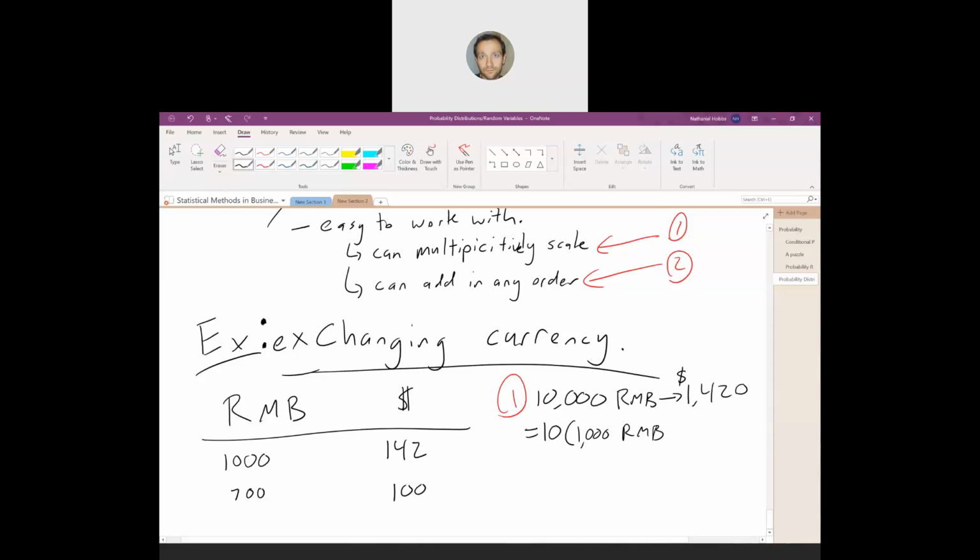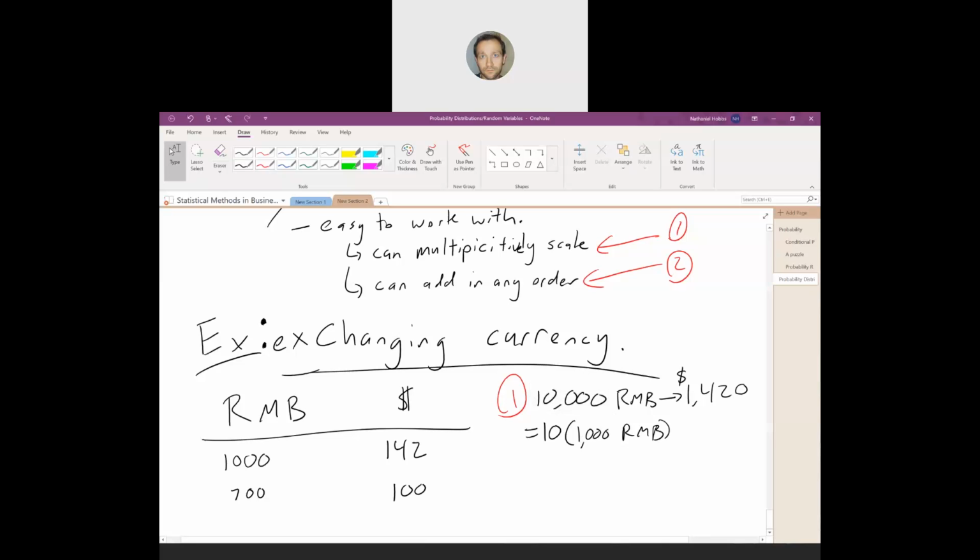You can take the whole thing and calculate the transfer rate by itself, or you can add up each of the individual pieces.